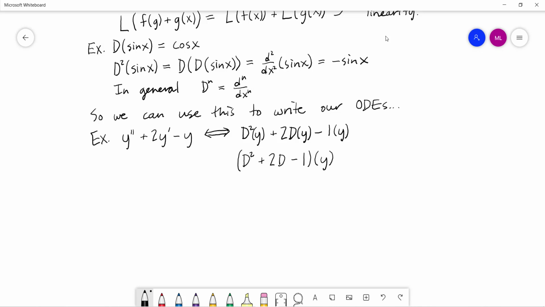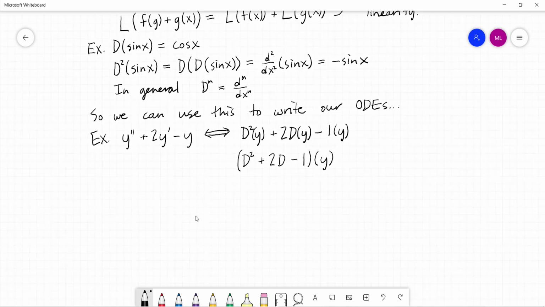So this is the idea I'm trying to get at: we can combine the individual operators, which take a second derivative here, multiply by 2 and take the derivative of y here, and just do a minus 1 times y here, and combine them into one big operator. And the reason for that is because differentiation is a linear operator.